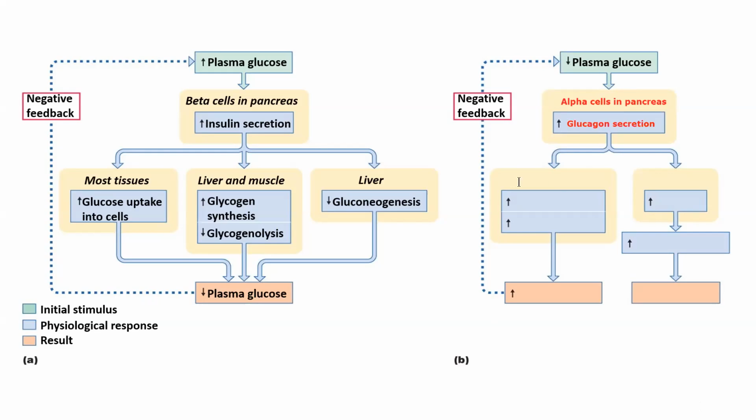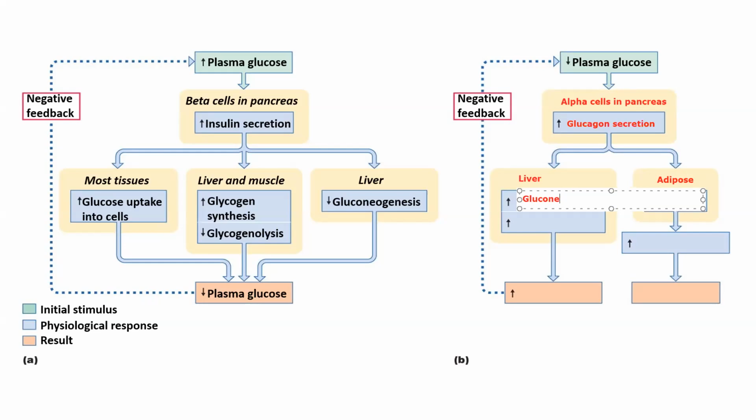Now, that's going to do two things. It's going to have an action in the liver. And then a second action is going to be in our adipose tissue. Okay. In the liver, it is going to increase gluconeogenesis and glycogenolysis.